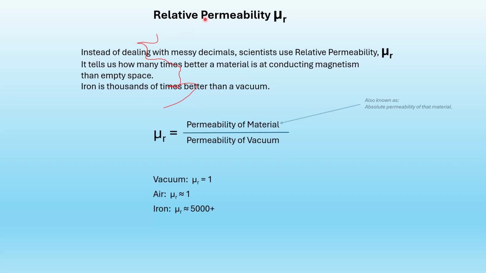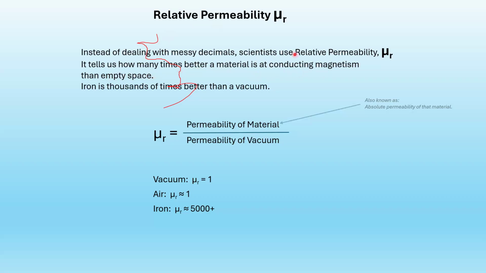All right, relative permeability. The absolute permeability that we talked about, well, I'm introducing you to that new word, absolute permeability, is measured, remember, in henries per meter. But now we're going to talk about something that's called relative permeability. Instead of dealing with messy decimals, scientists sometimes use relative permeability. The relative permeability tells us how many times better a material is at conducting the magnetism than empty space.